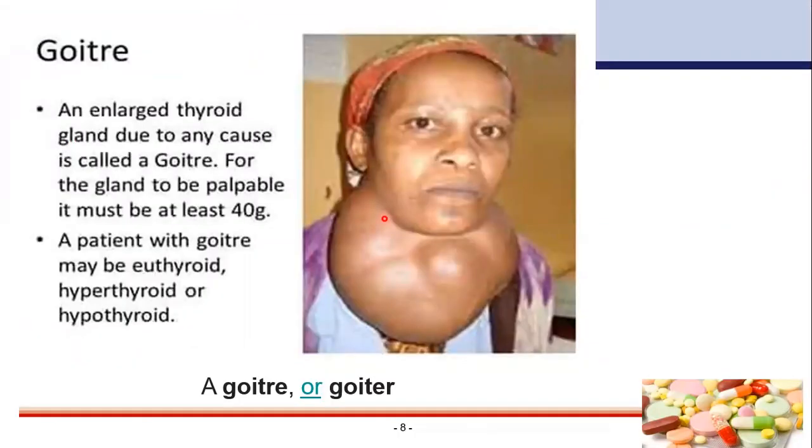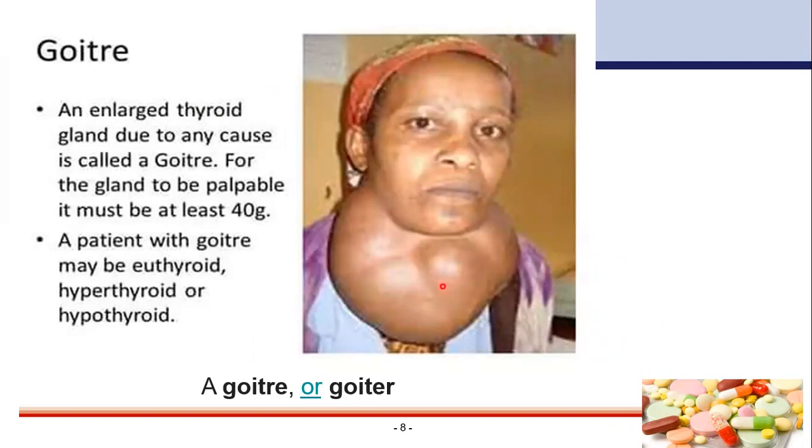And disorders of the thyroid gland can lead to such a disease, for example, a goitre or goiter. An enlarged thyroid gland due to any cause is called goitre or goiter.